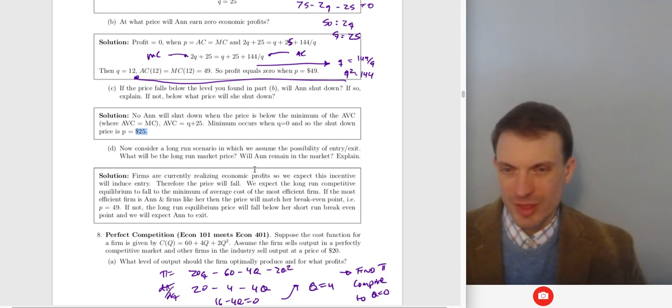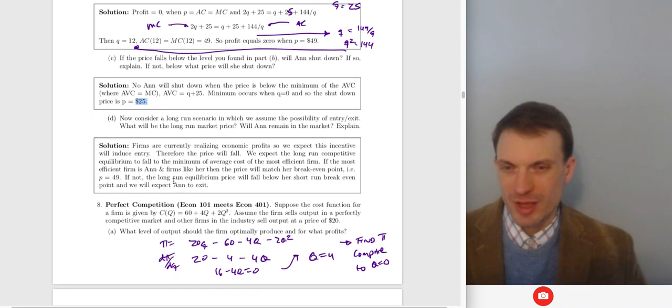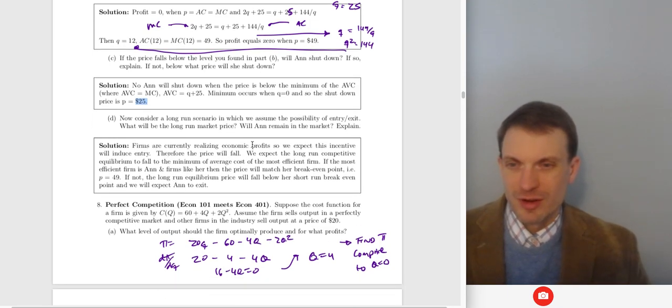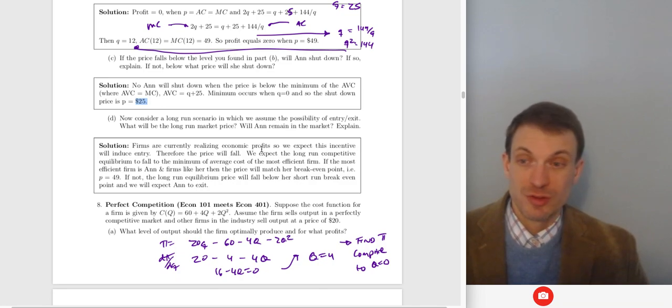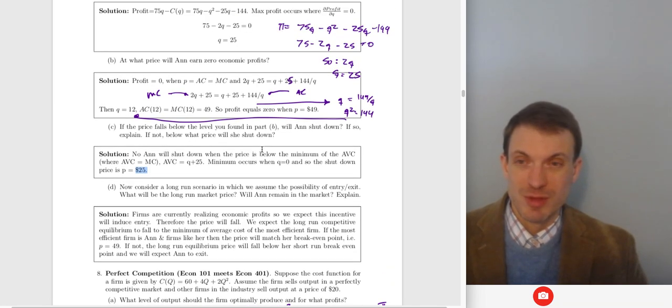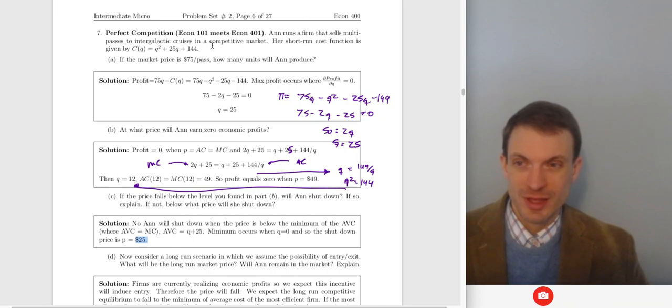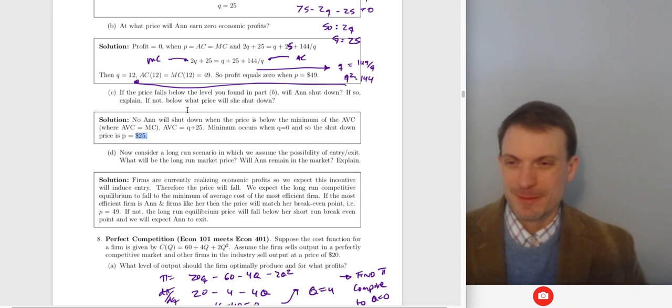Long run scenario with entry and exit. What will be the long run market price? Well, let's see. We've got currently economic profits because price was 75. So we expect there's going to be entry, right? I mean, intergalactic passes. I mean, for sure, Elon Musk is going to be a major competitor here. So price is going to fall.